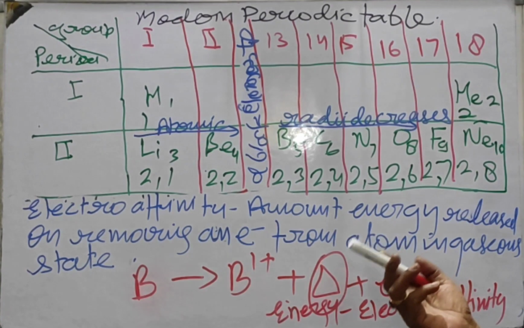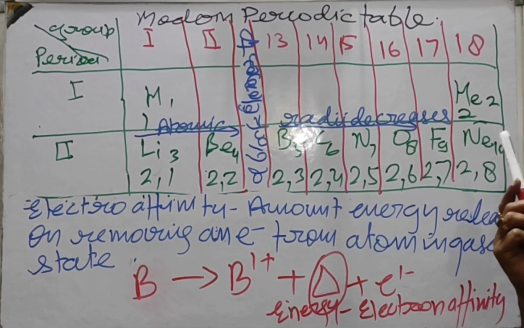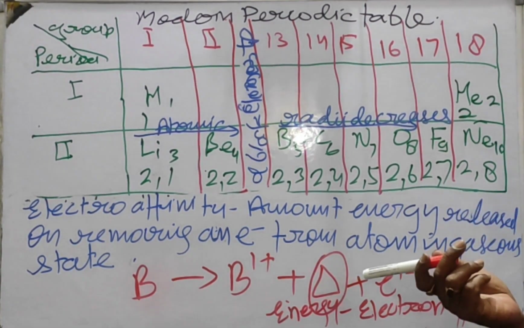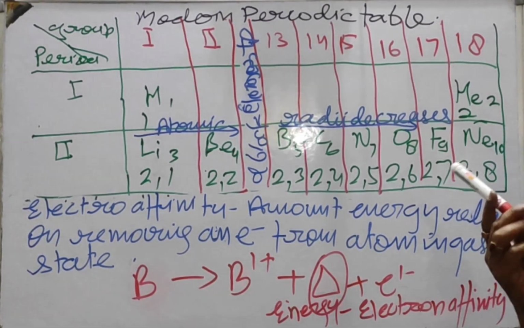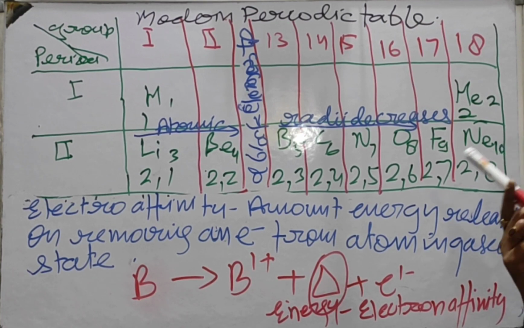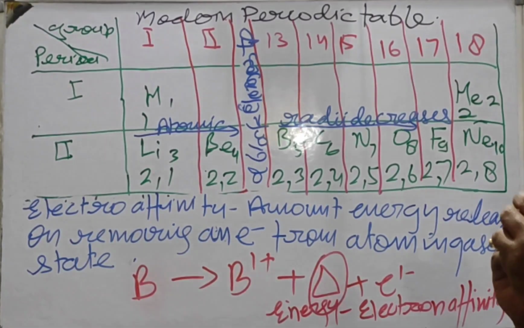And as I told you, electropositivity is decreasing from left to right in a period, and increasing from top to bottom in a group. And electronegativity increases from left to right in a period and decreases from top to bottom in a group.